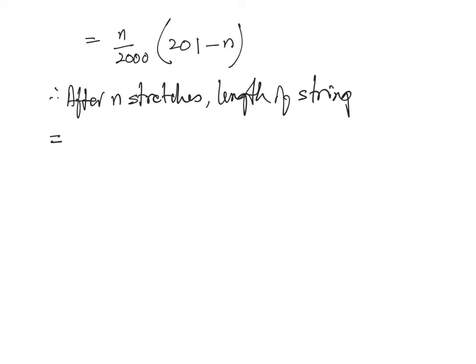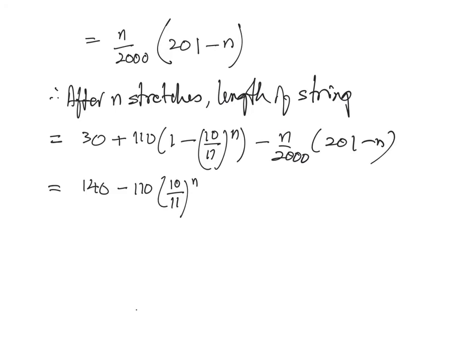The elongation that we got earlier was 110 times 1 minus 10 over 11 to the power n. Then the contraction, we just got it here, n over 2000 into 201 minus n.